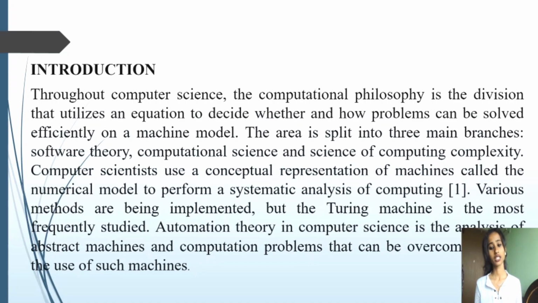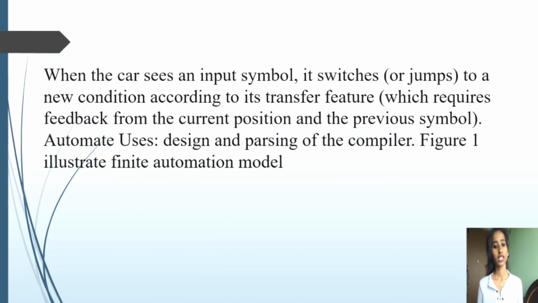Automata theory in computer science is the analysis of abstract machines and the computational problems that can be solved using such machines. When an automaton sees an input symbol, it switches or jumps to a new state according to its transition function, which takes the current state and the previous symbol as input. Automata are used in the design and parsing of compilers.